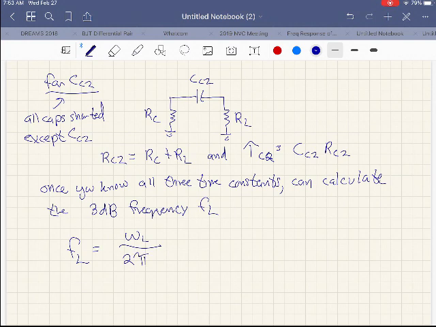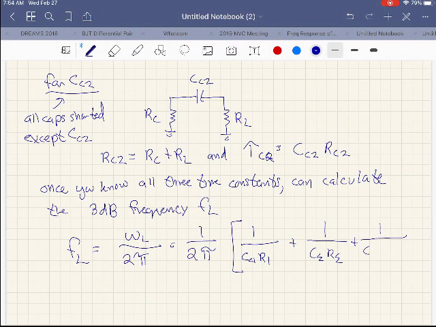Omega L over 2 pi is equal to 1 over 2 pi times the sum of 1 over the time constant for CC1, which is CC1 times RC1, plus 1 over the time constant for CE, plus 1 over the time constant for CC2, so CC2 times RC2. That gives you a pretty nice little estimate.